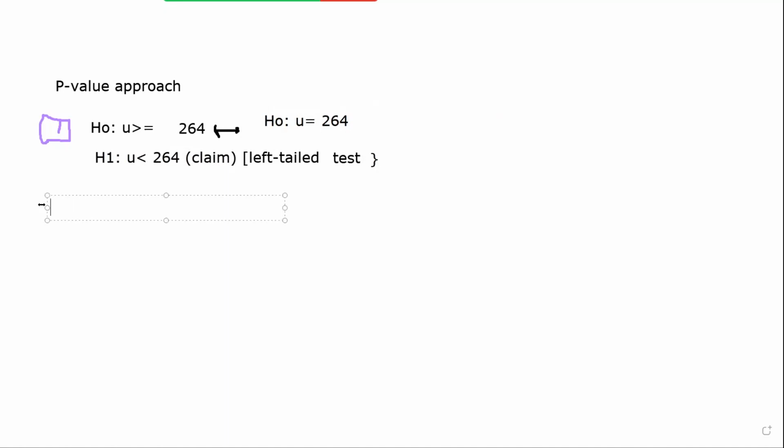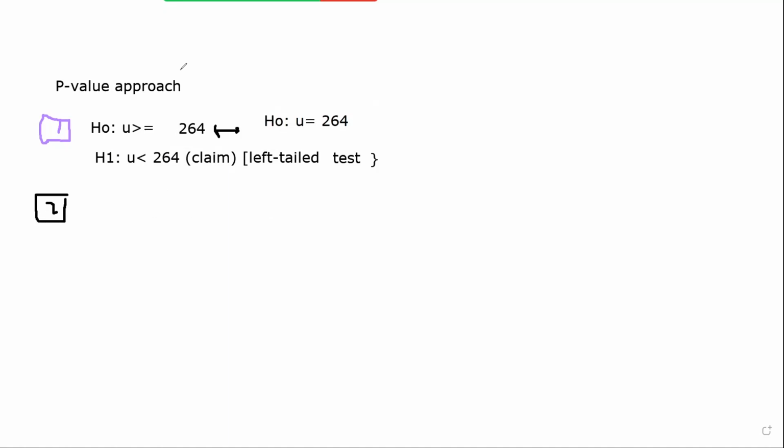When you do the p-value approach, we need the test statistic in order to find the p-value. So we're actually in step two going to change this. This is going to move up a step. So this becomes step two, and we make a box and we compute our test statistic, which you saw on the other screen.